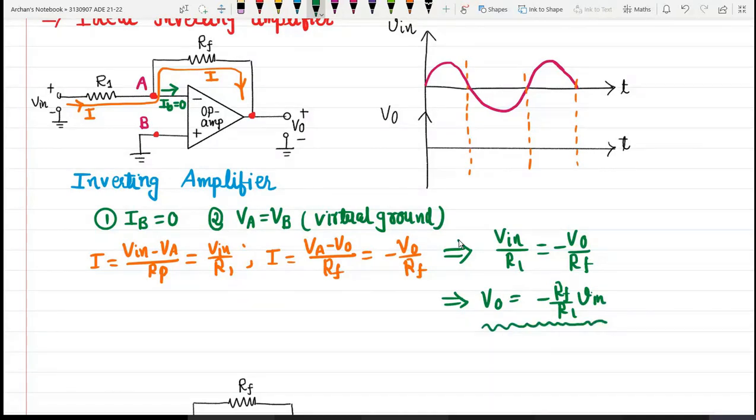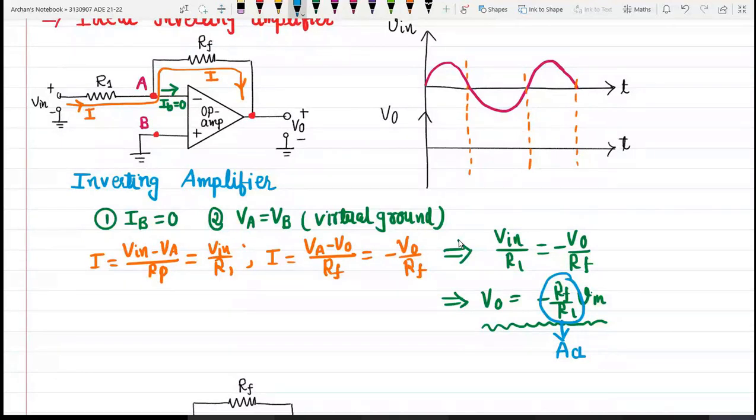The ratio RF by R1 is nothing but the gain of the closed loop configuration. By changing the values of RF and R1, we will be able to control the closed loop gain of the amplifier. It is up to us by how much we want to amplify our input signal, and accordingly we select the proper values of the feedback resistance and R1.